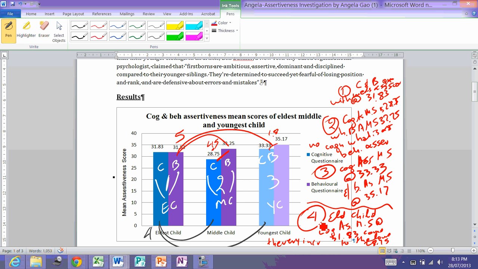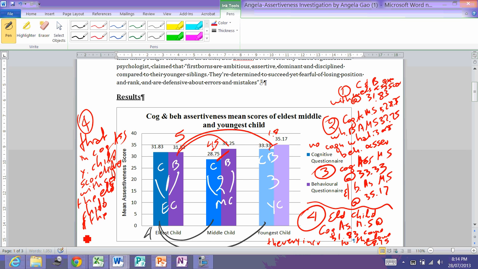So what do the data say from number 4? The data say that in cognitive assertiveness, the youngest child scores higher, with the eldest child second, and the middle child doesn't know what assertiveness is. Yes? Doesn't know.